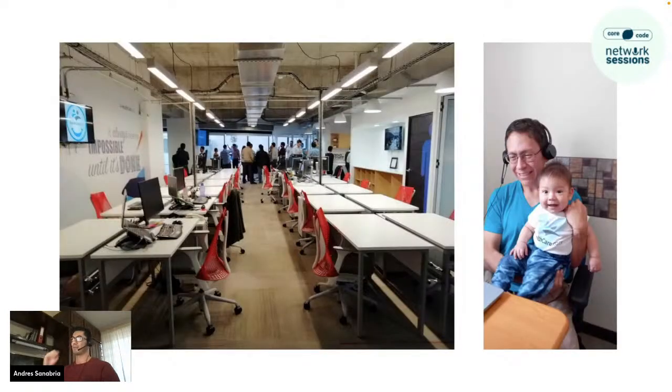Even though right now most of the people work remotely, we still do have our office, and this is a look at our office. The first time I was in there, it was a really cool experience, because before I had only worked at really small companies.